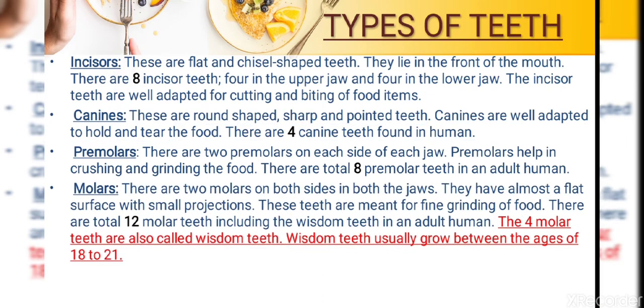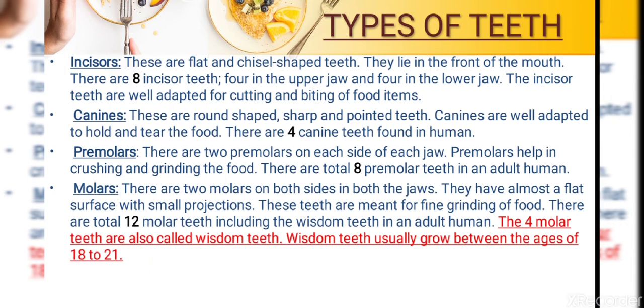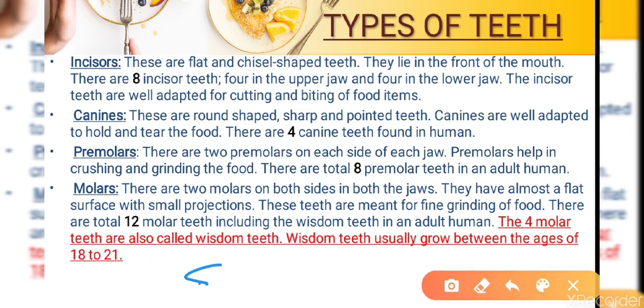And in the last we have molars. In the adult human being, there are 12 molars in total. But if we talk about a human being of age 12 to 16-17 years old, they have only 8 molars.